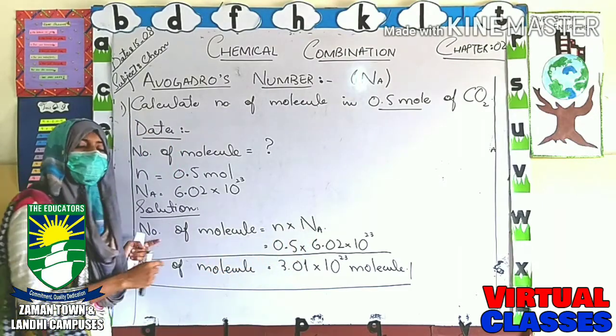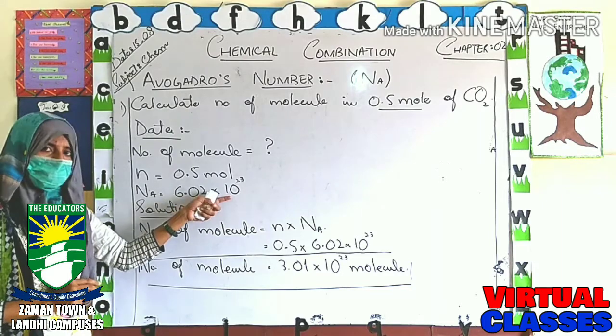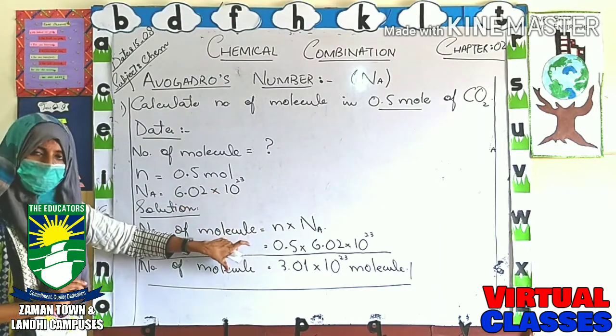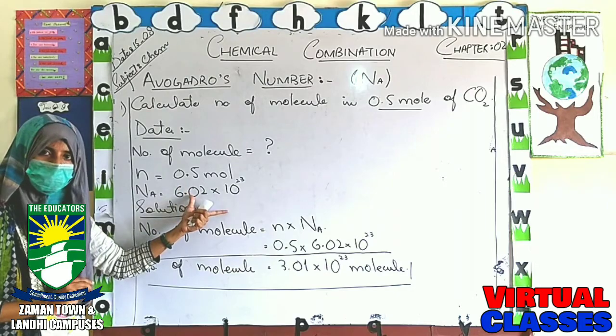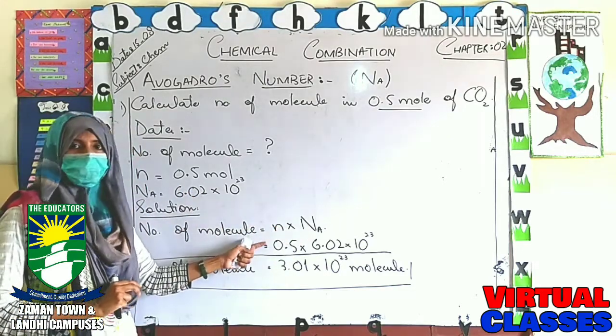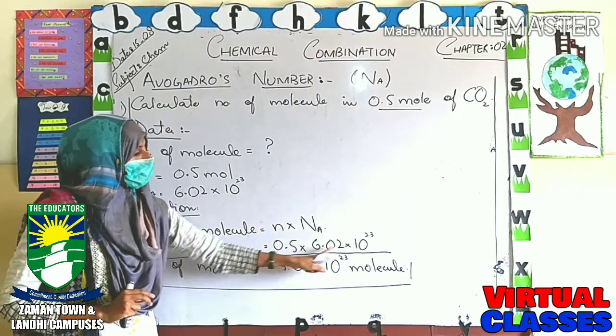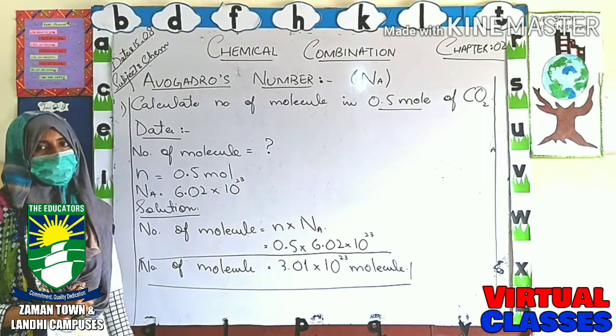We know that its value is constant, that is 6.02 exponent 23. So we can note down this value in our data. Now according to the formula, place the values. Number of moles 0.5, Avogadro's value this, then calculate this, and you will get the answer.